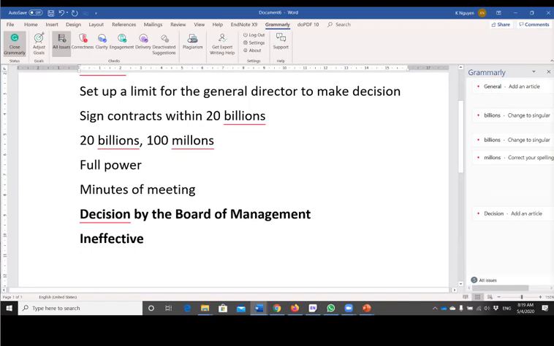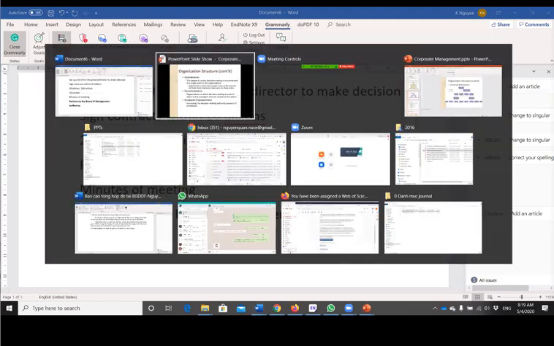So any loss in that, you may not claim from the company. So be very careful.